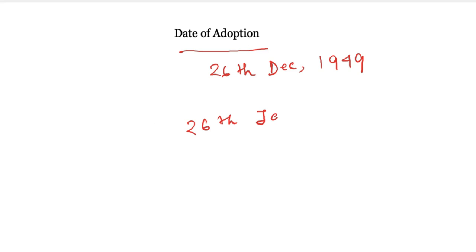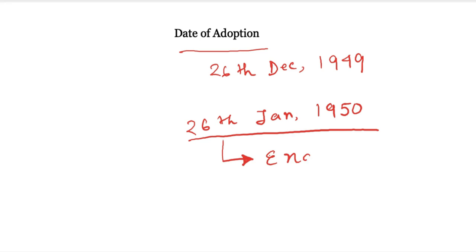The date of adoption is 26th December 1949. This is when it was adopted. And on 26th January 1950, when our first Republic Day was celebrated, the Constitution was enacted.